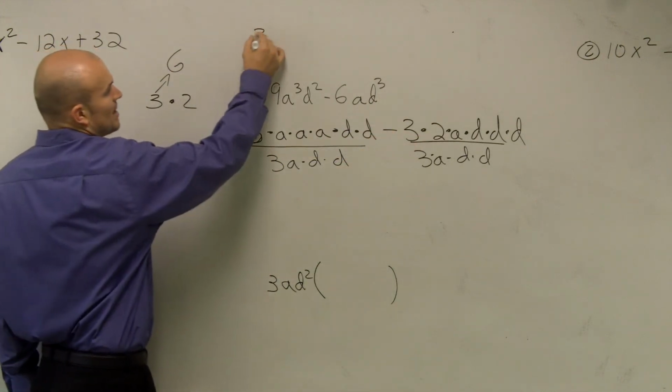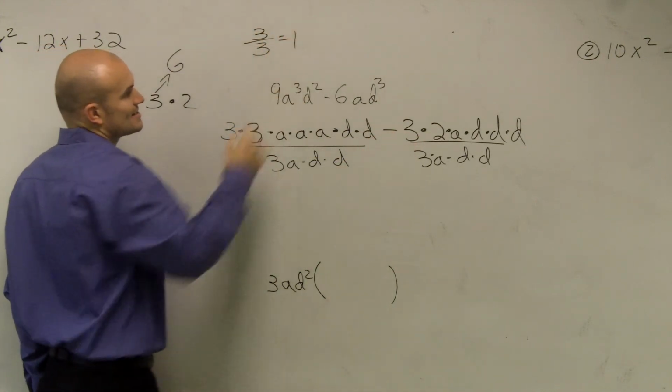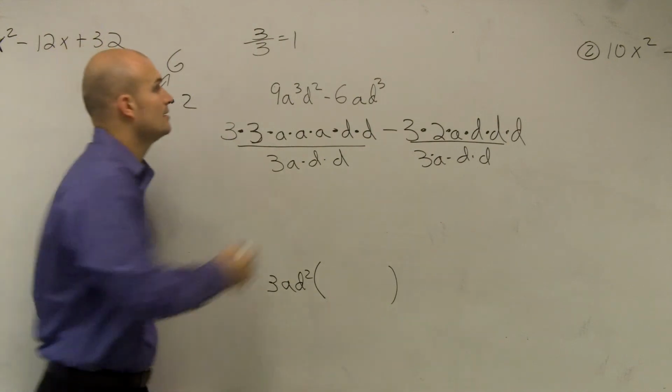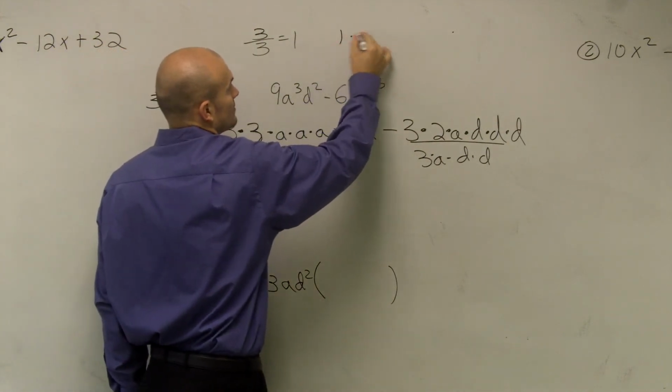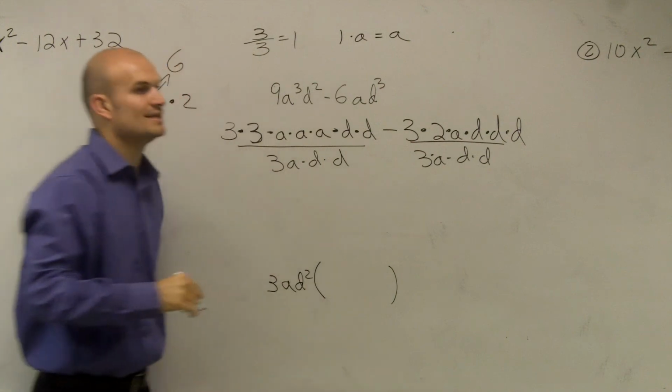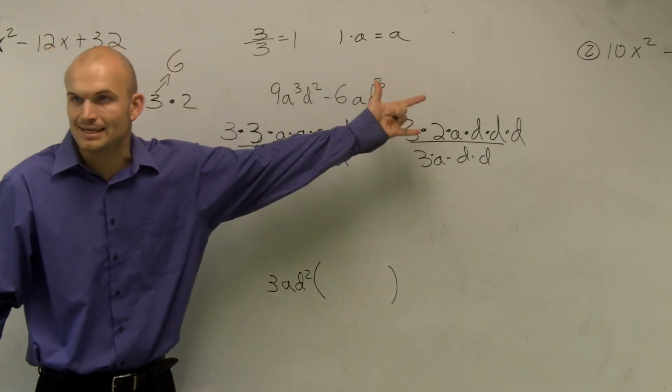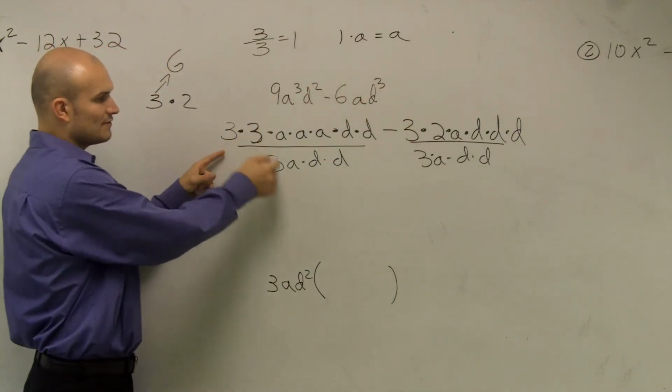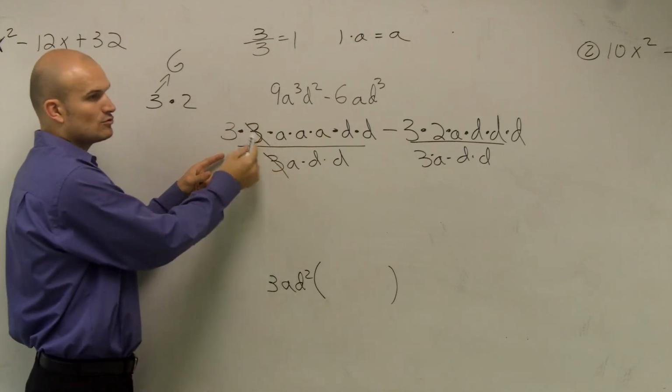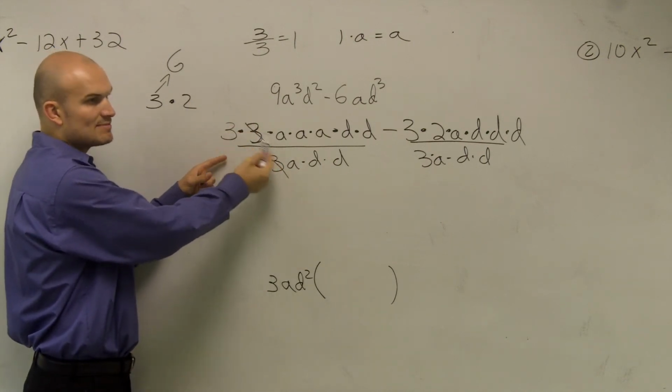The last thing to remember is that when you have a number divided by itself, it equals 1, and 1 times anything is that thing: 1 times a equals a, or 1 times d equals d. When I have 3 divided by 3, that equals 1, and I don't need to write 1 times all this stuff.